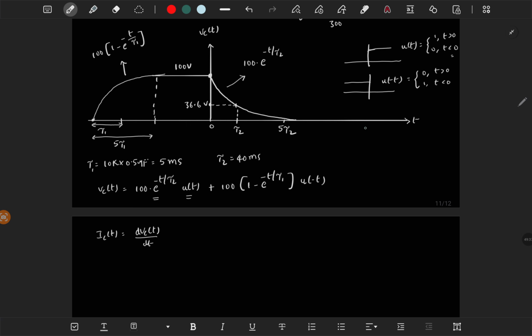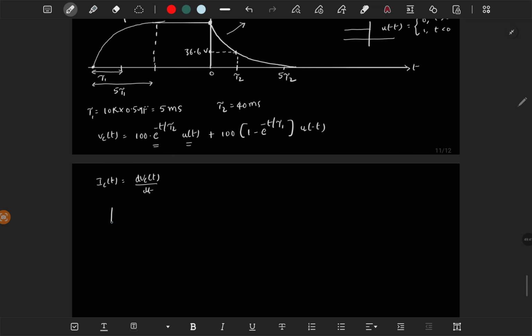If you don't know the differentiation of u of t, we can see that now. It is simple. Let's say u of t has magnitude 1. At t equal to 0, it is going from 0 to 1, right? It means within no time it is going from 0 to 1.